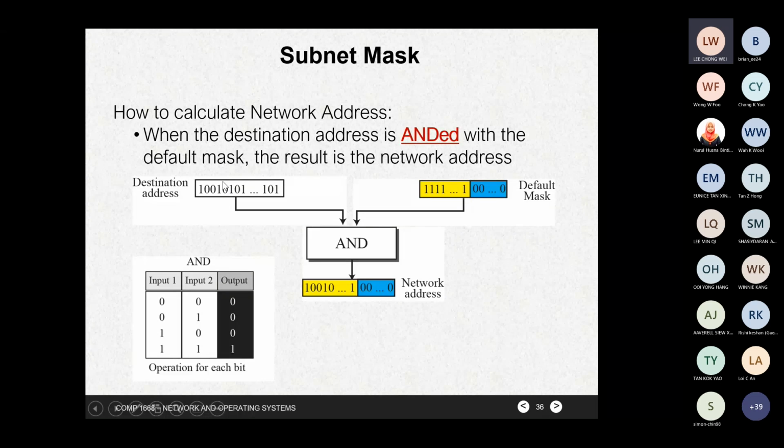It takes the destination address and ANDs it with the subnet mask, using an AND gate, to get the new network address. So it's quite complicated, not as easy as you see, and it can be very confusing to get the result.